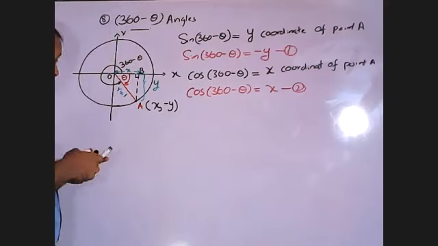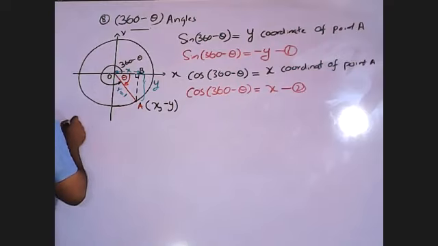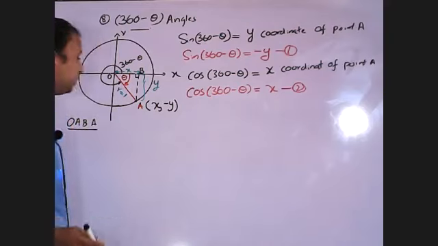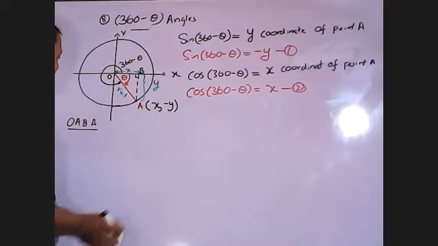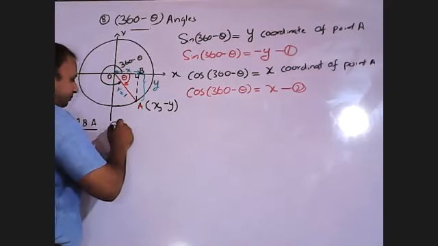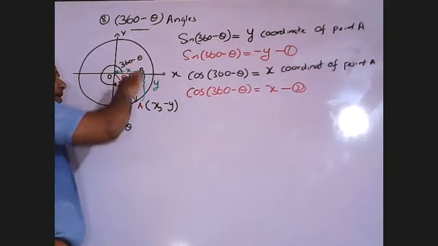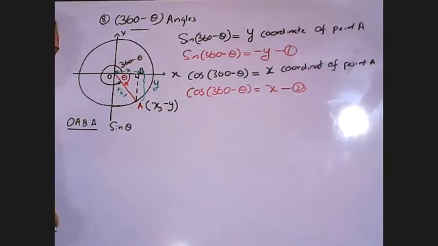Then you can use the OAB triangle and write expressions for sine theta and cos theta. Sine theta is equal to the opposite side over the hypotenuse.